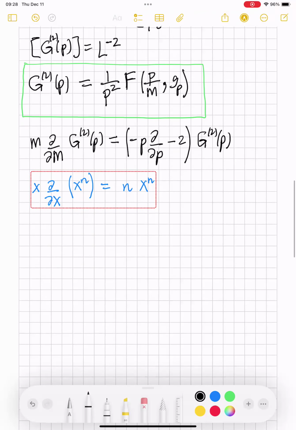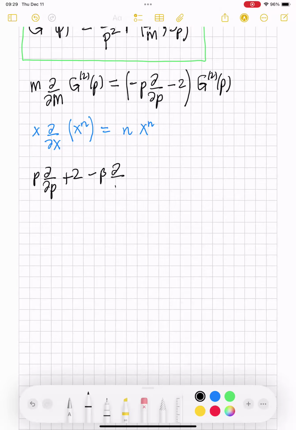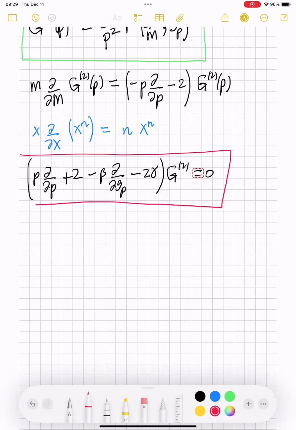So if we write down what the Callan-Symanzik equation becomes, it becomes (p d/dp + 2 - beta d/dg - 2 gamma) acting on G2 equals 0. And this is the equation whose solution I'm going to write down.